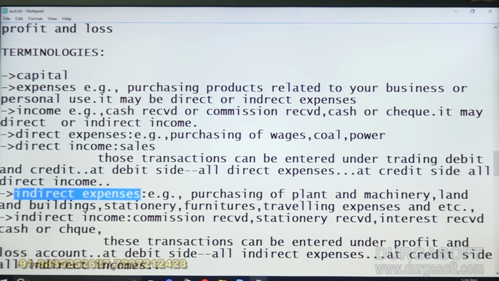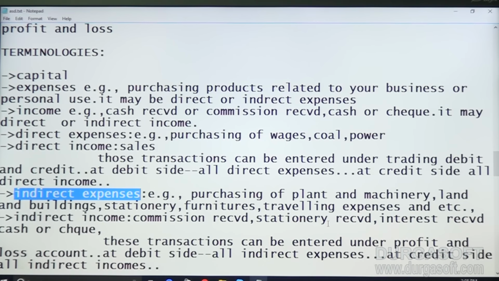Indirect income, if you are receiving any financial income, for example interest, from your friend or relatives or neighbors, that is nothing else but an indirect income.